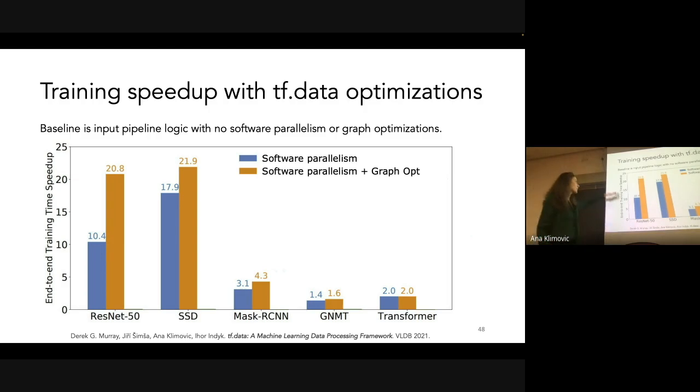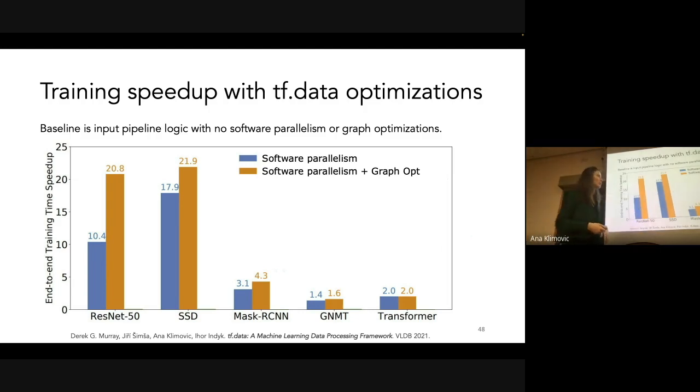And I should have explained, what I'm showing here is the end-to-end training time speedup. So all we're doing here is turning on optimizations in the input pipeline. And so at this point, all of the model training here is no longer input bound. And we see that for the language models, because they're not doing as intensive data processing, we are more quickly able to reach the point where the input pipeline is no longer the bottleneck, right?